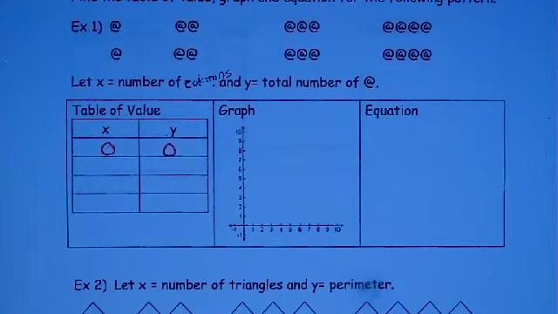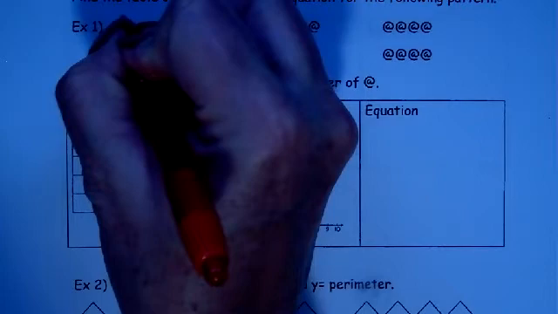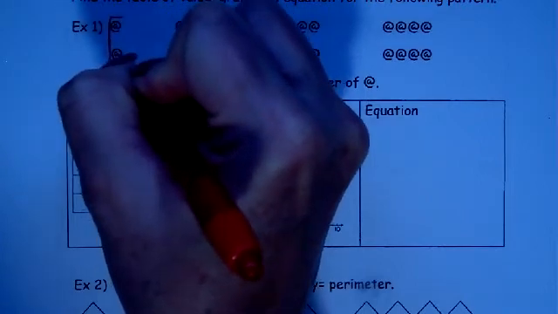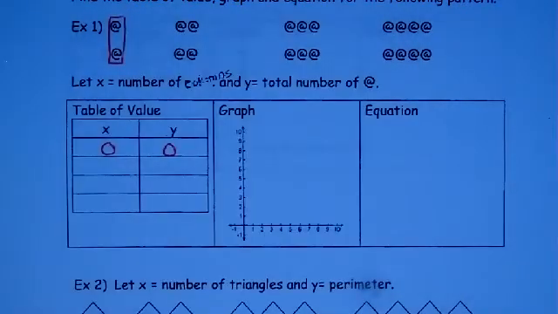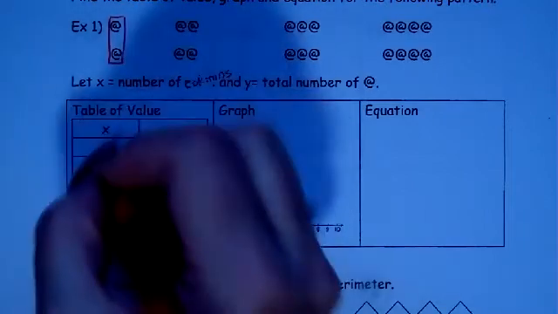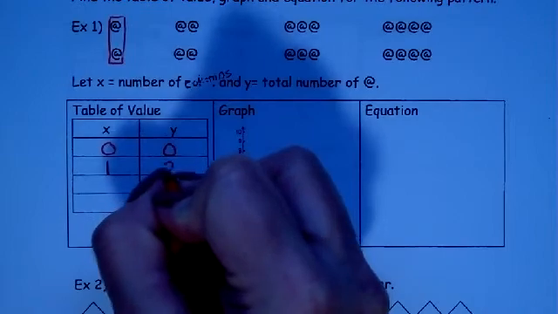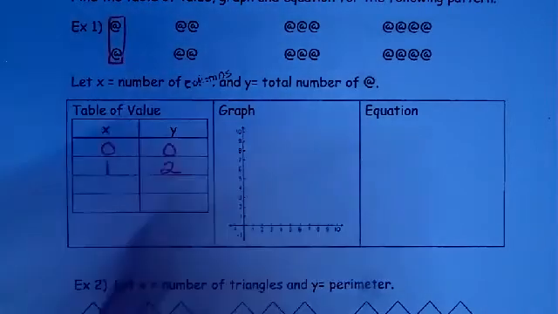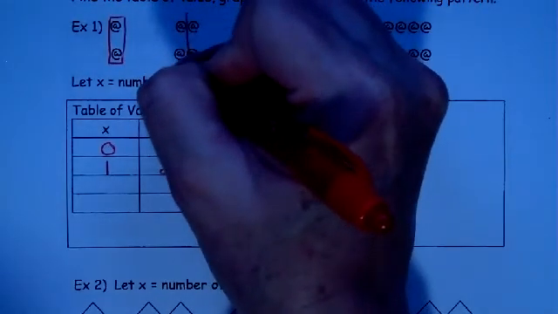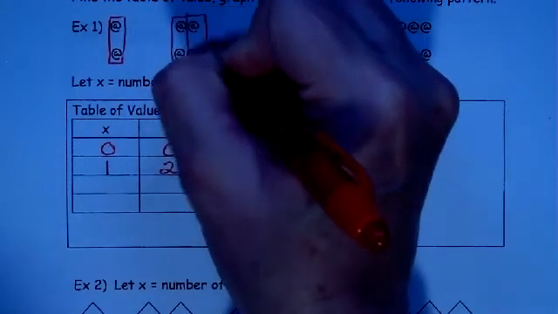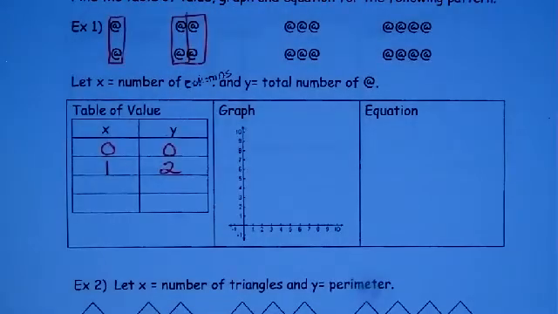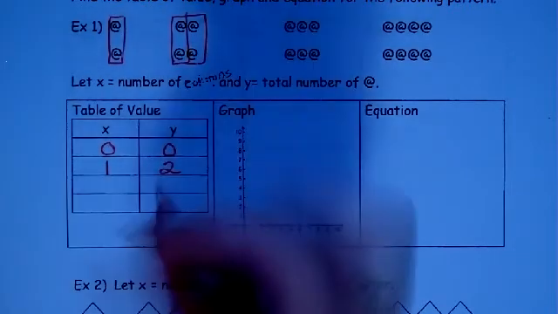Now, if I look at my first figure right here, I notice it has 1 column, and in that 1 column, there are 2 @ signs. In my next figure in the pattern, I notice it has 2 columns for a total of 4 @ signs.